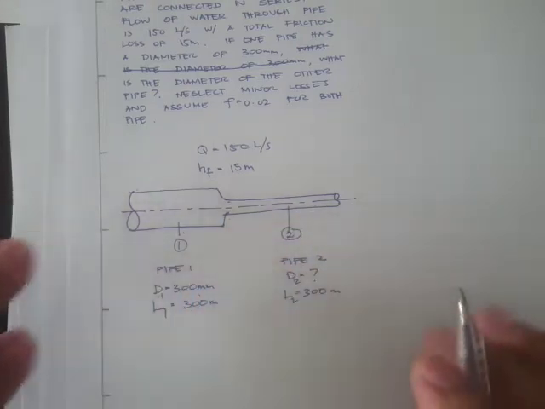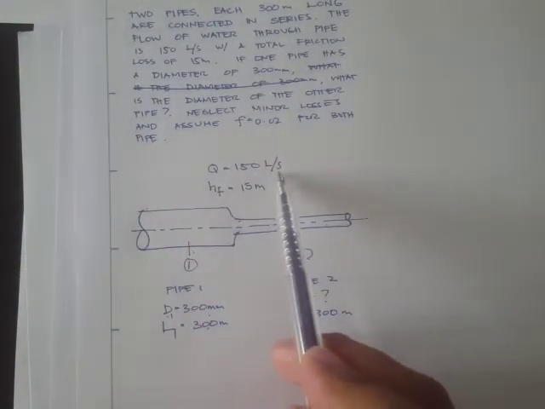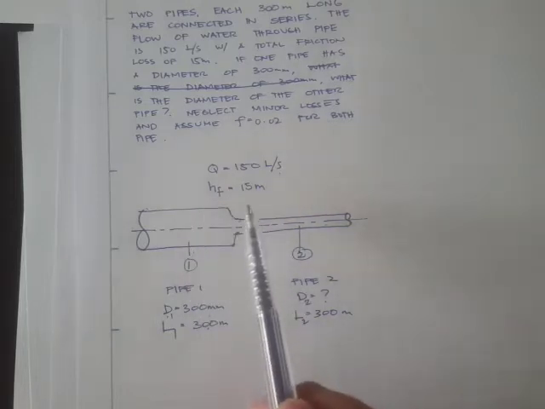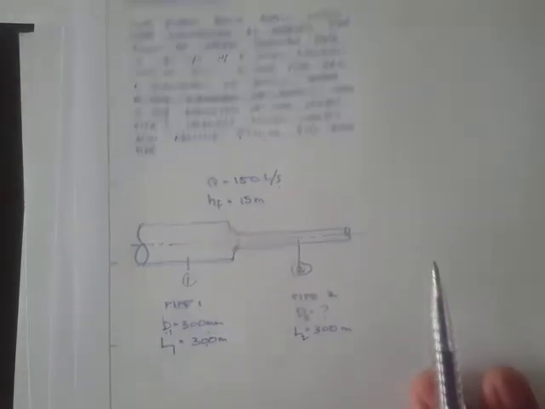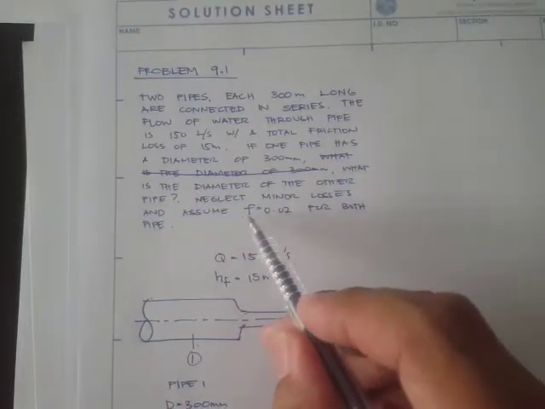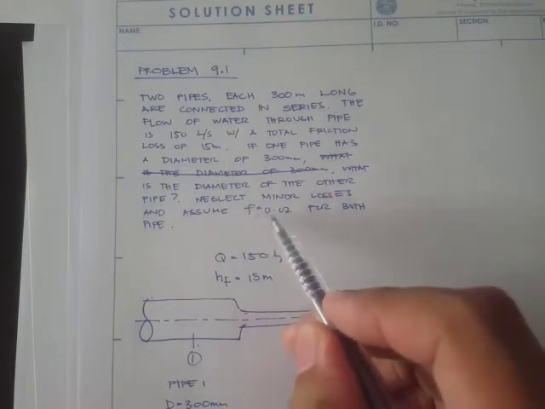Actually, that's what we are going to solve. And it says here that our flow rate is 150 liters per second, and our total head loss is 15 meters.